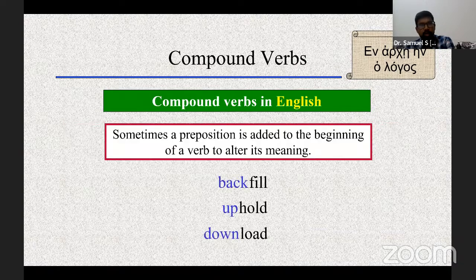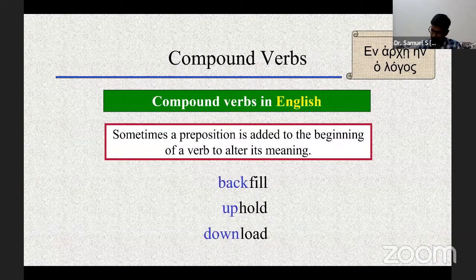When basically the same thing happens even in Greek. You will see a verb, you'll see a preposition that gets prepended to the verb and it becomes a new word.